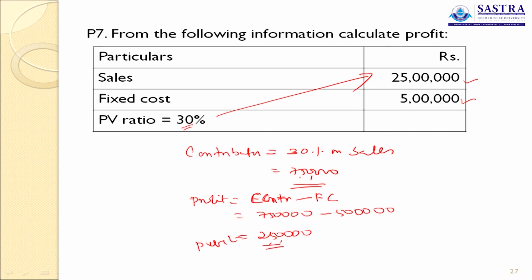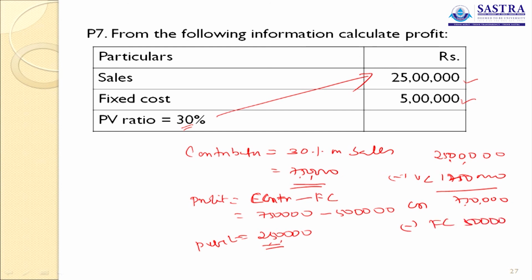So this is a way of calculating this problem using the formula. Or, sales is 25 lakh. This is one more way. Variable cost is 70% of 25 lakh, 17,50,000. So 7,50,000 is contribution, less fixed cost, so profit is 2,50,000.